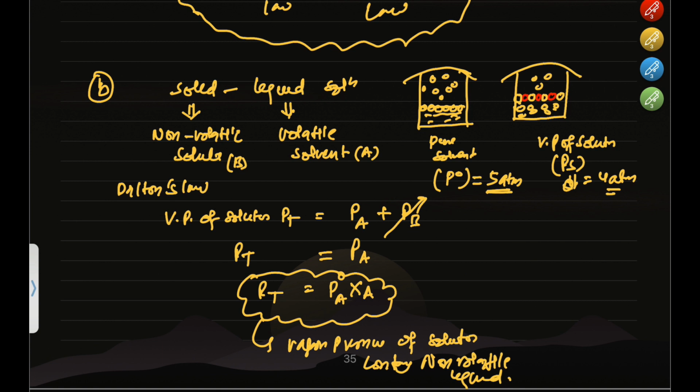Therefore, the tendency of the solvent molecule to escape is reduced, hence the vapor pressure is reduced.